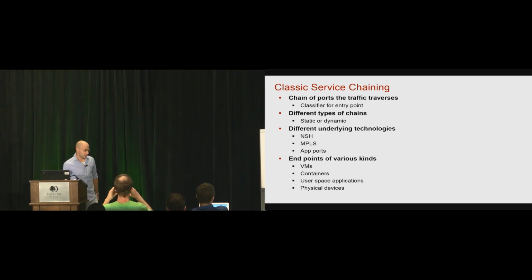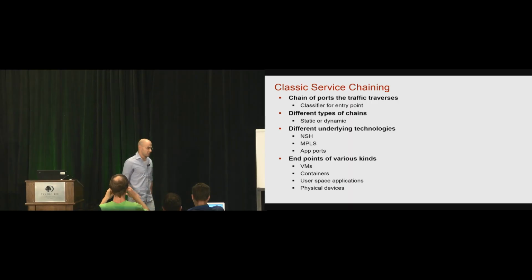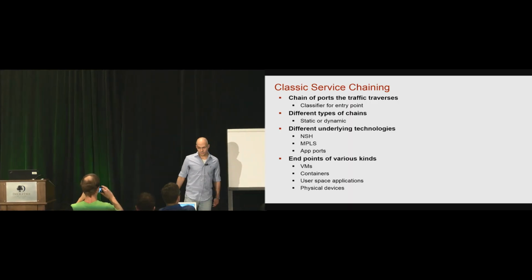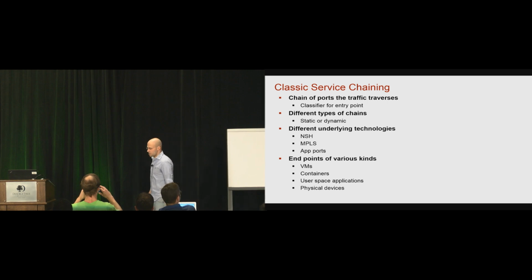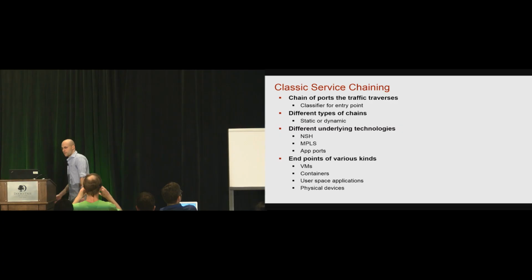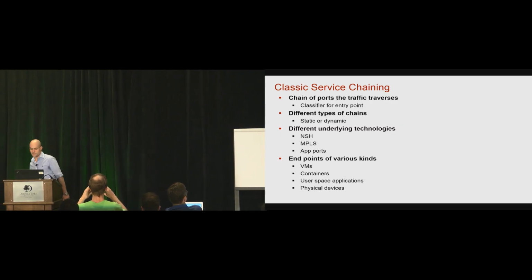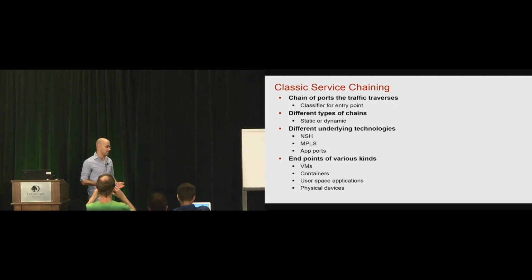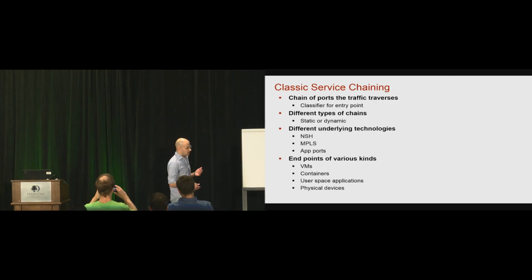In a classic service chaining, we'll usually have a classifier that classifies traffic to enter a certain chain. And then we have two types of chain. We have static chains, which means every packet that enters the chain will go through all the functions in it, and the same for the packet after it. And we have dynamic chains, which essentially means that the function itself has a way to signal the infrastructure or the next function in the chain some information.